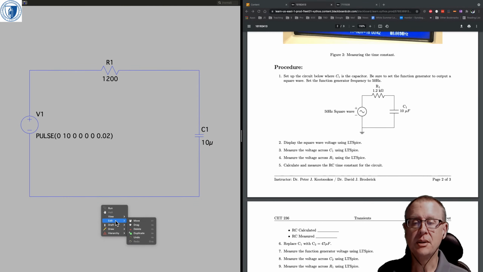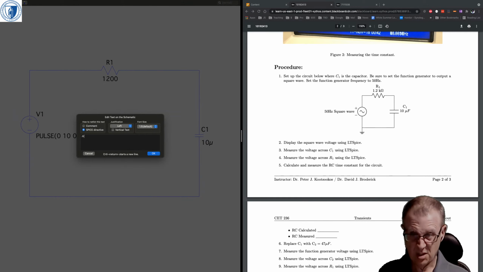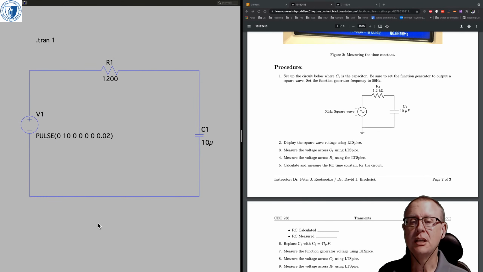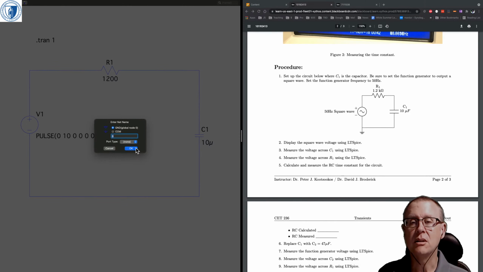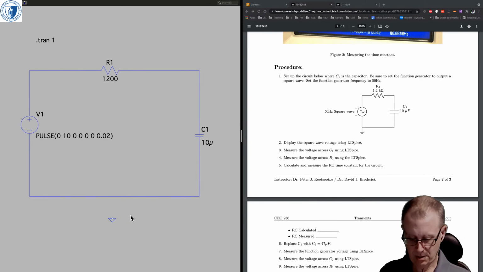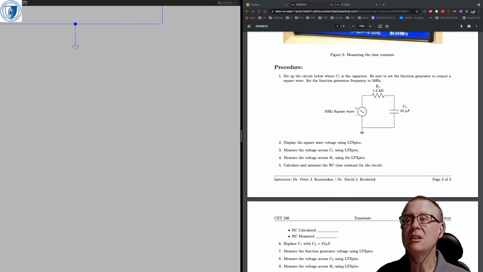I need to have a few other things, as we saw earlier. I need to have a spice directive, and .tran 1 is probably enough for this. Put that up there. And the net name, we need to make sure we have the ground and connect it up, and that should be enough to run it.